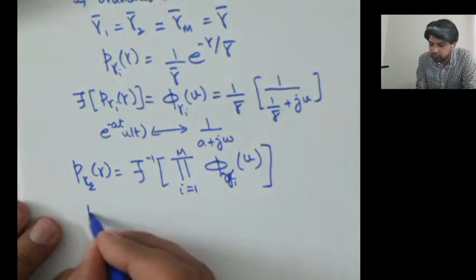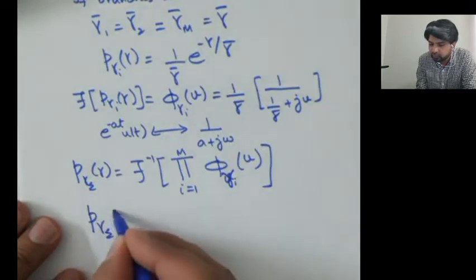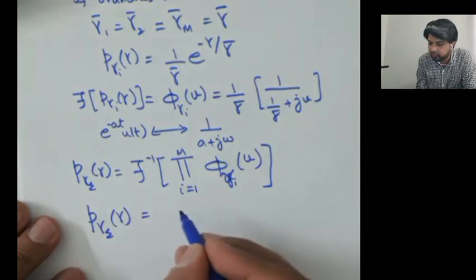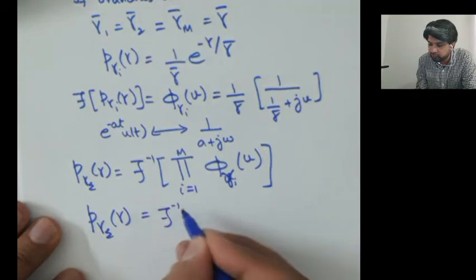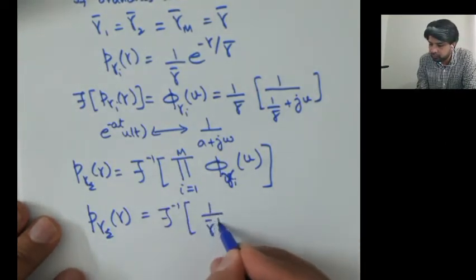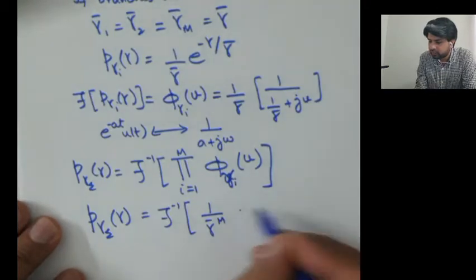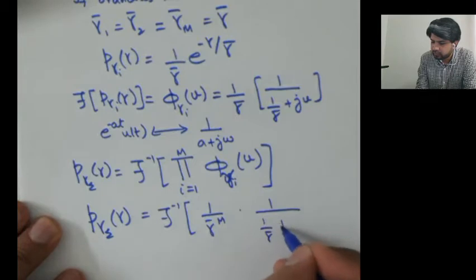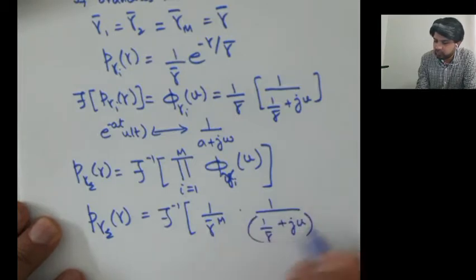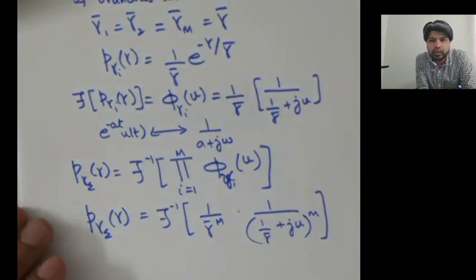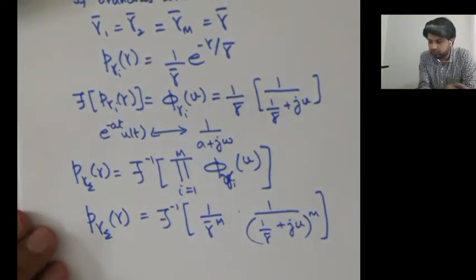That means to compute the distribution of the signal to noise ratio at the combiner output, we need to compute the Fourier inverse of 1 over gamma bar whole to the power m times 1 over gamma bar plus jv whole to the power m. This Fourier inverse we need to compute, and let's see how we can compute it.